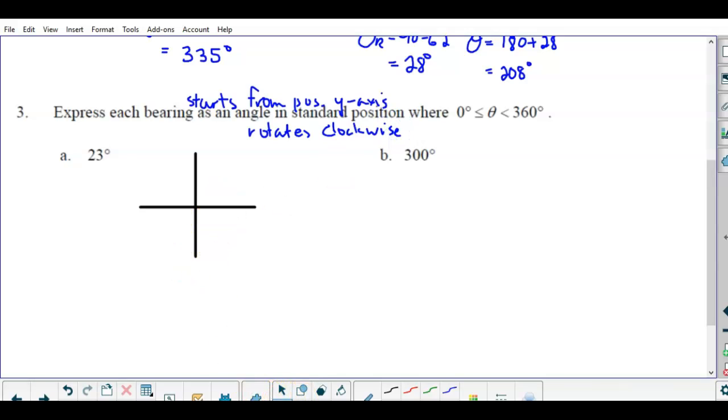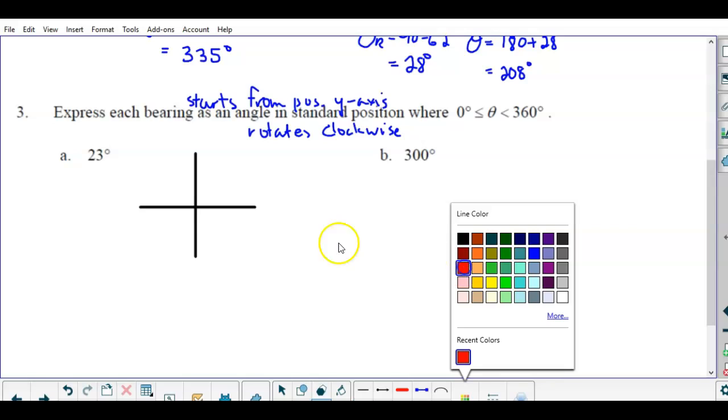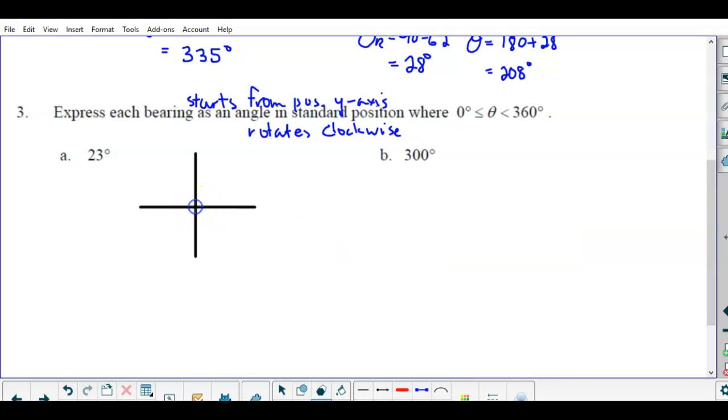So if we are starting at north here, and then we are rotating 23 degrees clockwise.